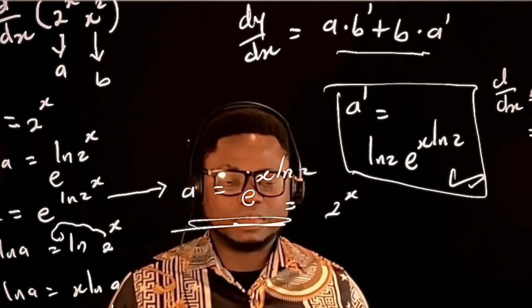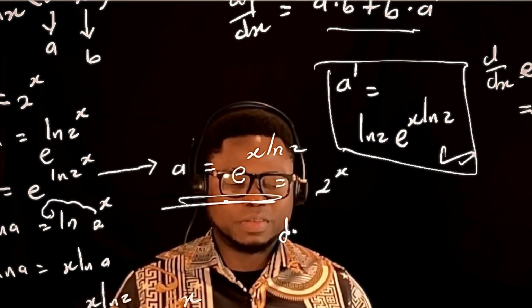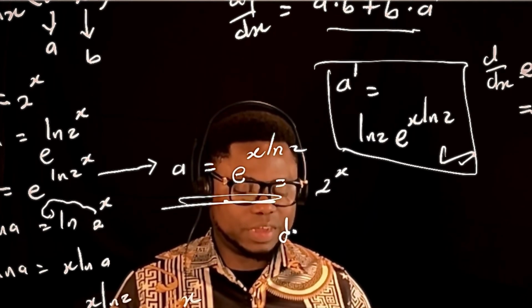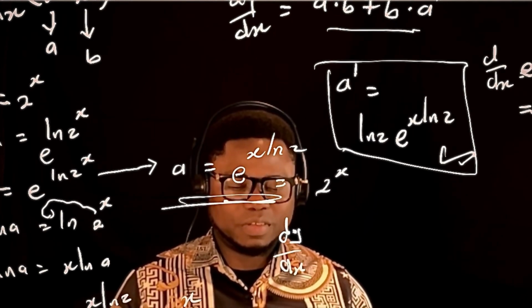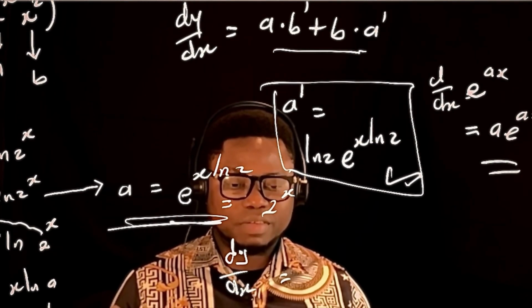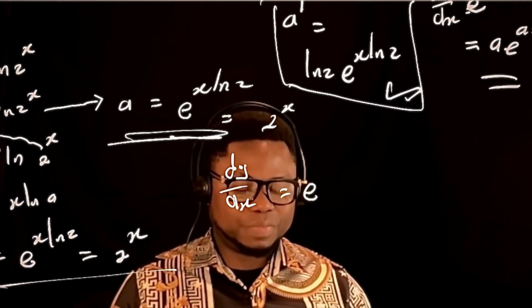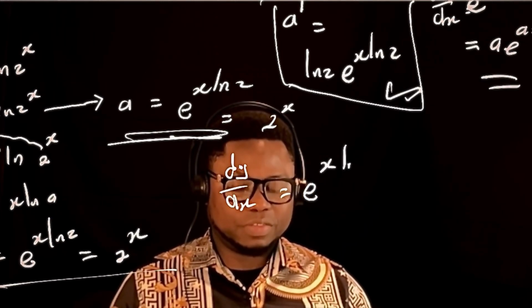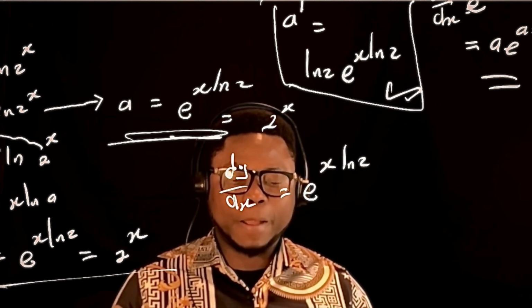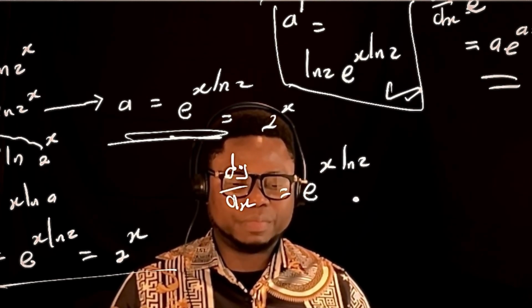So in this formula, I'm going to say dy over dx will be equal to, so I'm going to write our a is e raised to the power of x ln 2, times our b prime.